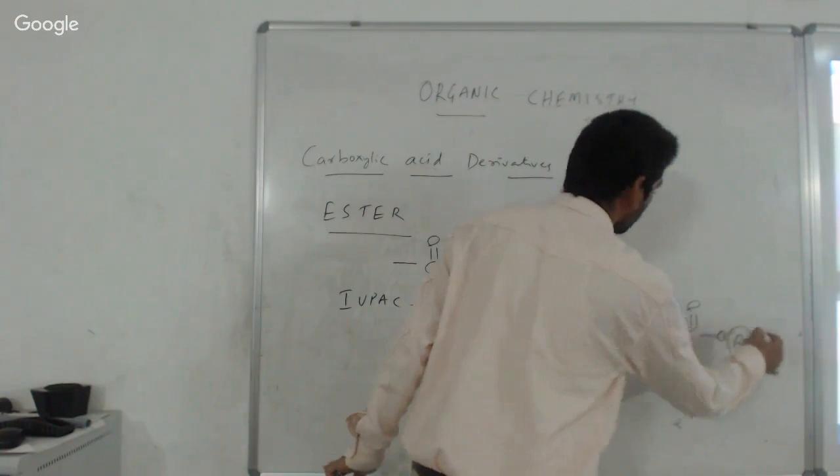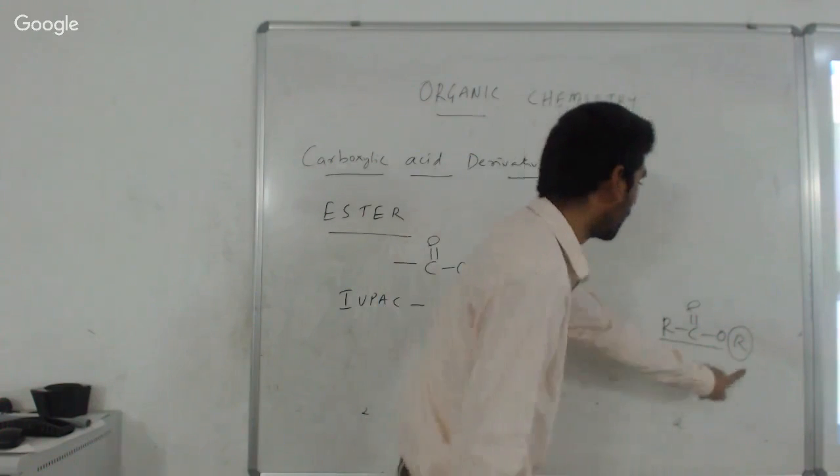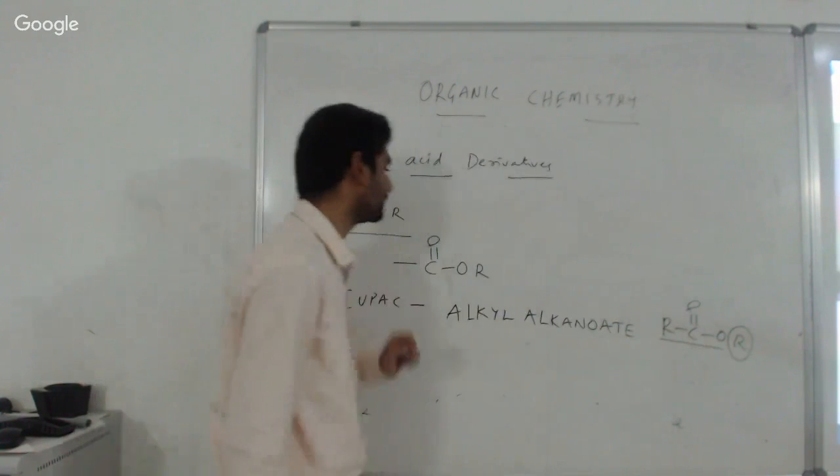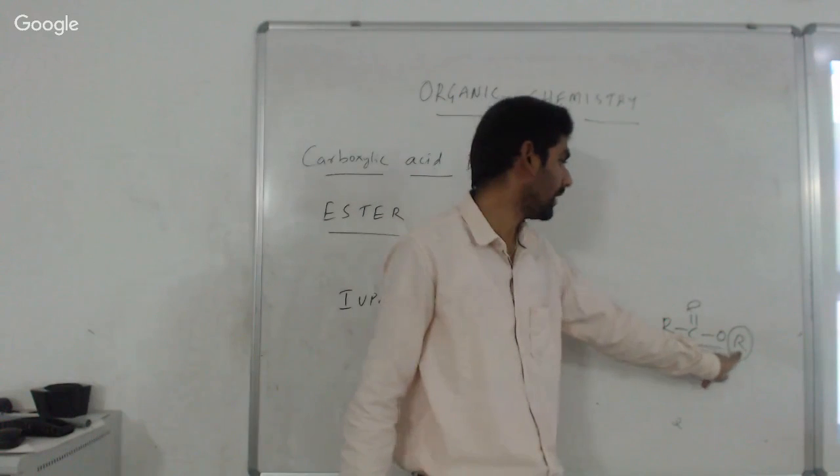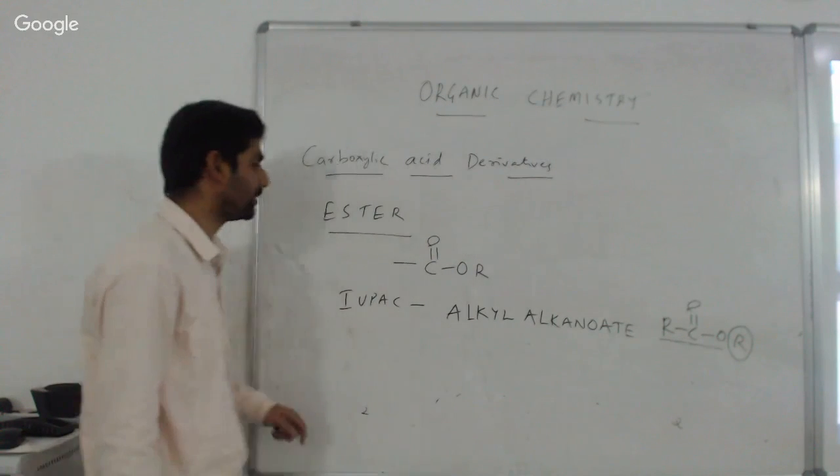Here this part is alkyl, and this part is alkanoate. Alkyl alkanoate is the IUPAC name of ester.